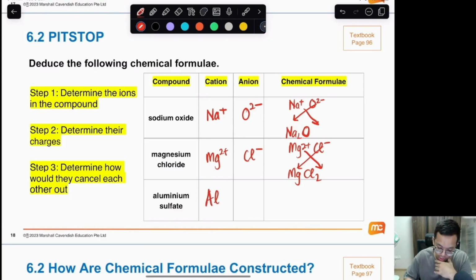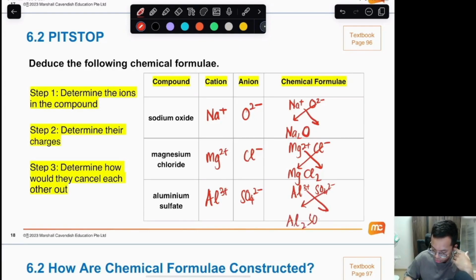Then you have aluminum sulfate. Take note the valency of aluminum is 3, the valency of sulfate ion is 2. If you want to do the working as well, just cross, and you'll get Al2SO4. Is it just like that? No. Remember, you need to put in your bracket, 3.